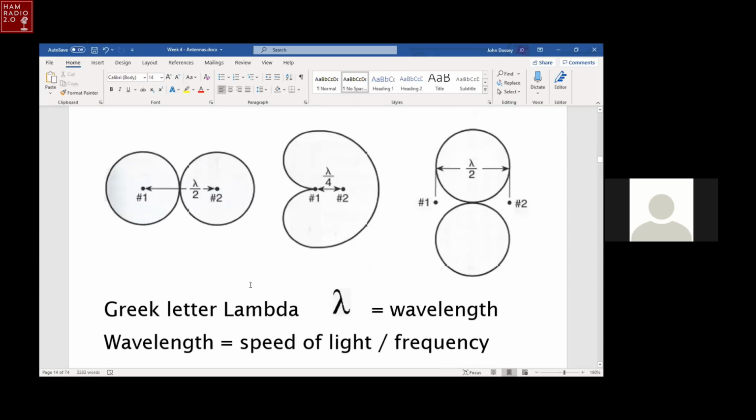The Greek letter lambda, that kind of swirly thing with an extra foot, is commonly used as an abbreviation for wavelength. So any of these pictures you see, lambda, the Greek letter, that's wavelength. And as a reminder, wavelength is the speed of light divided by frequency.